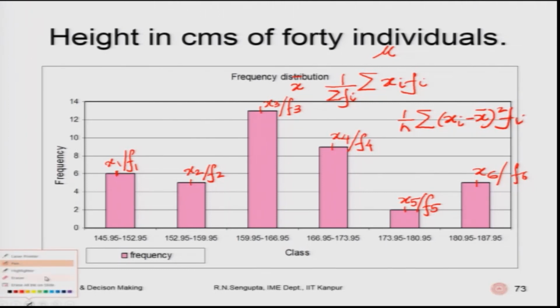Now, this value of xi which I find out is basically coming from this equation. And this f n is equal to this one which I have considered. So, based on that I find out the variance, and the square root of that will give me the standard deviation.